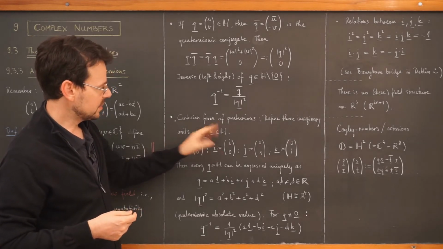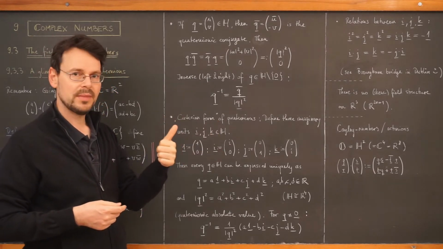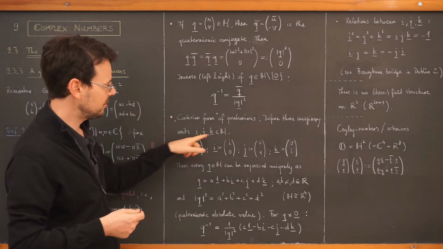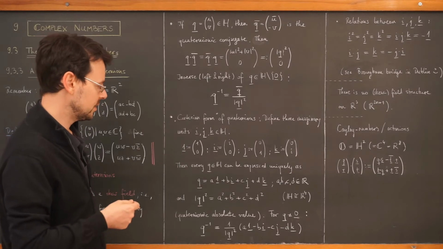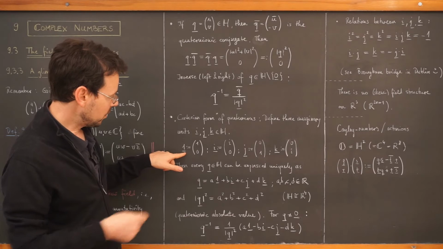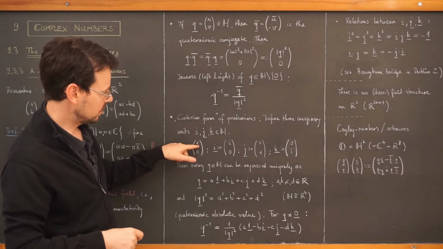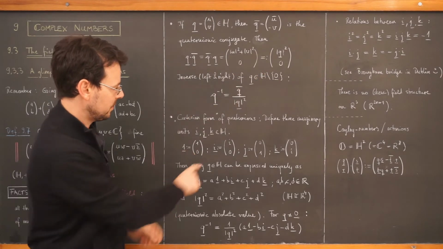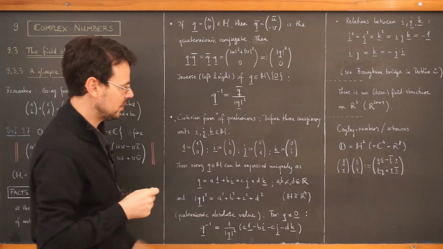Now, in the complex numbers, we had one so-called imaginary unit, the vector I. In the quaternions, I can define 3 imaginary units. First of all, 1 underline is the multiplicative neutral element (1, 0), as I mentioned above. And now for the 3 imaginary units.